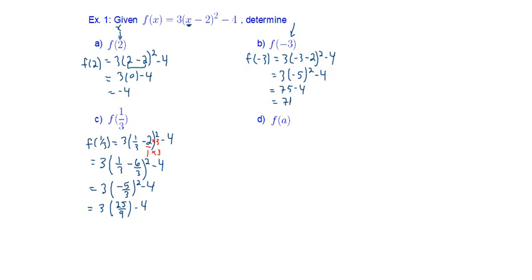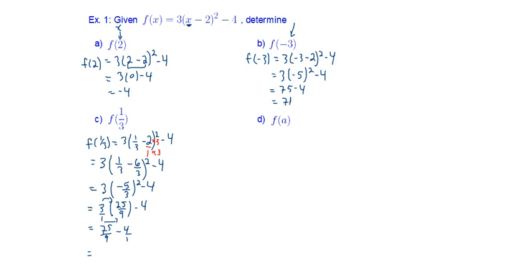All right, we're getting close to the end here. 3 times a fraction. Remember, the way that you multiply fractions is to multiply the numerators together and multiply the denominators together. So 3 times 25 will give us 75. And then 9 times 1 will give us 9. And we're so close. The last thing we need to do here is to find a common denominator. Just subtract these two.